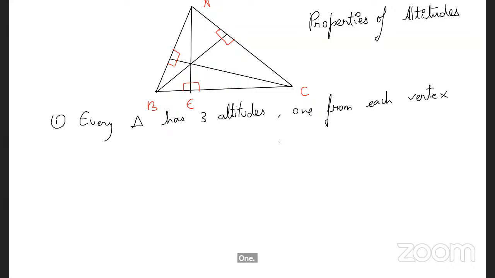And if you look at this triangle, what are the altitudes in triangle ABC?